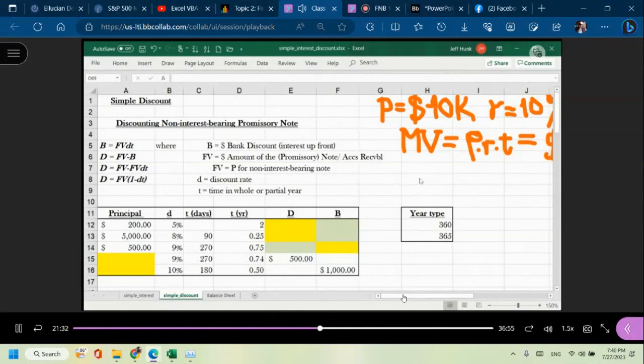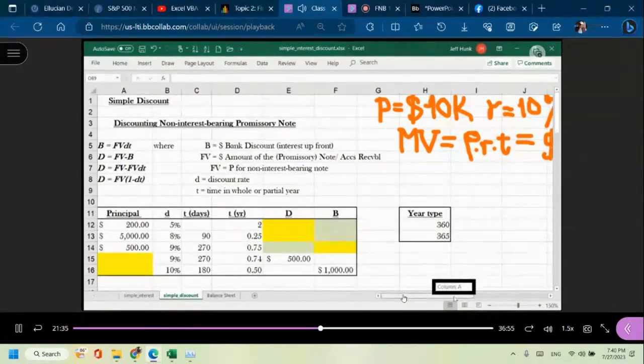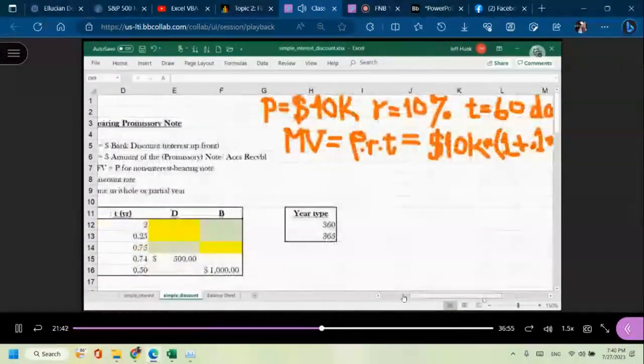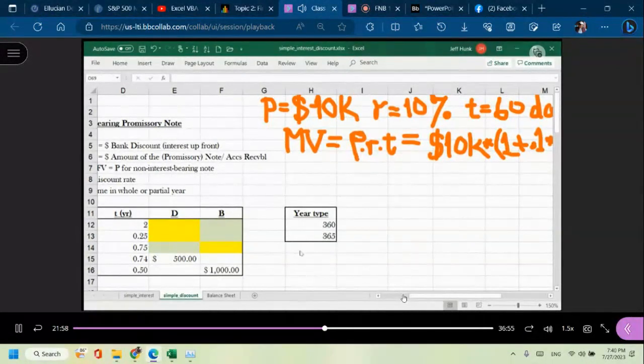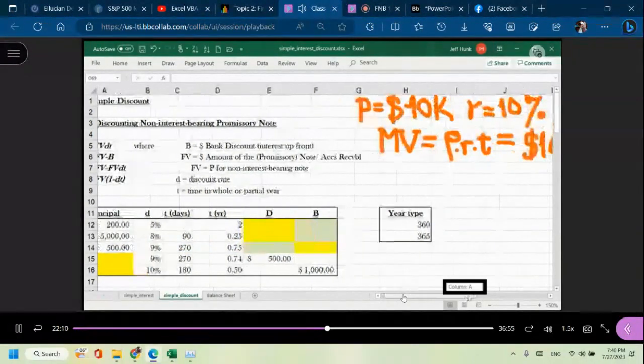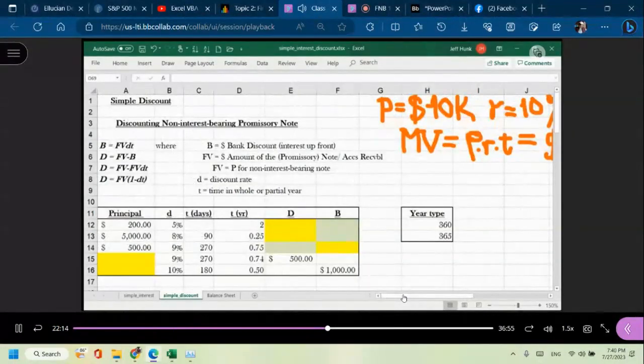So the bank will try to apply a discount rate as high as possible, to skew the split more in their favor. You understand? And this process is called factoring. I'm going to get to that term later.